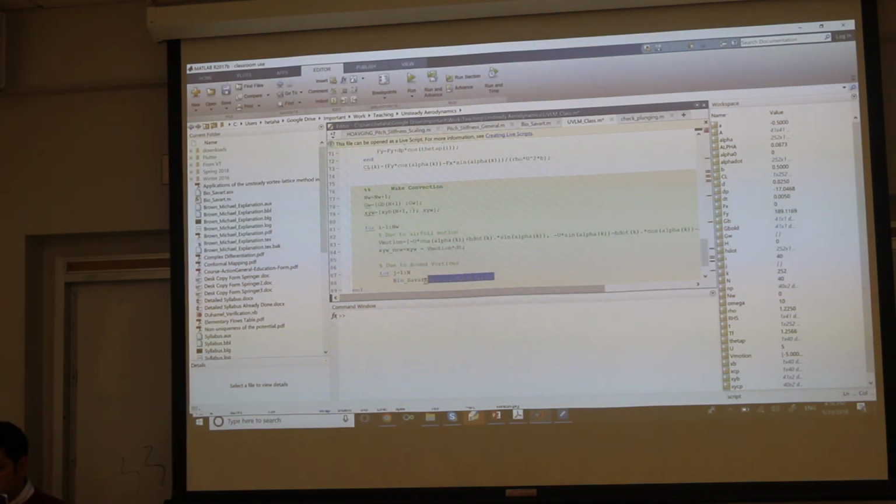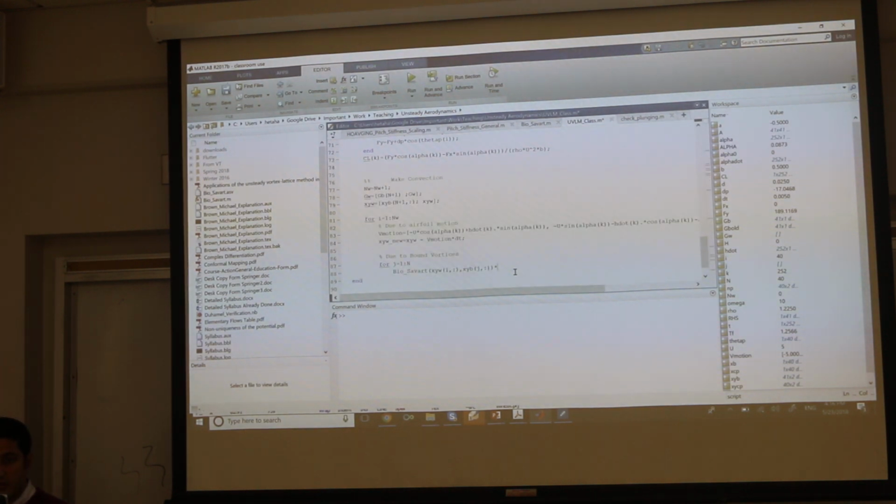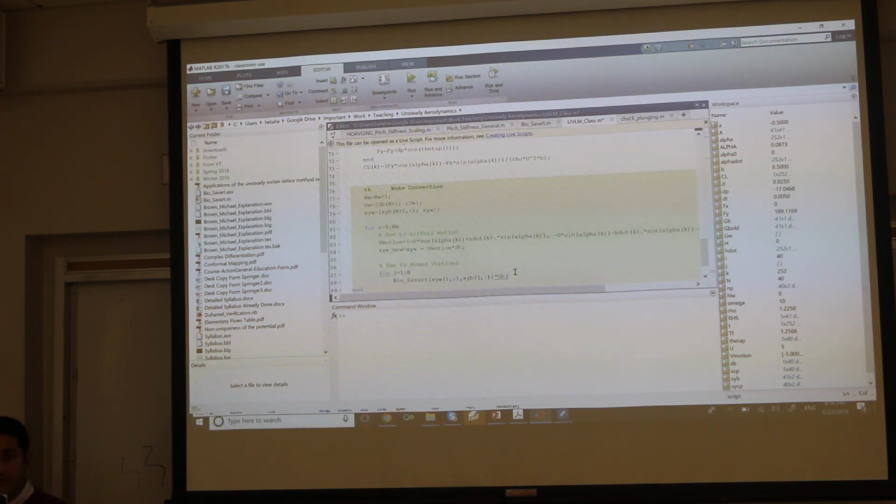This result is the total velocity which I need, but assuming unit gamma. My gamma at this panel is not unit, and I determined its value, so I'm going to multiply by the strength, gamma bound of J. This is the total velocity.